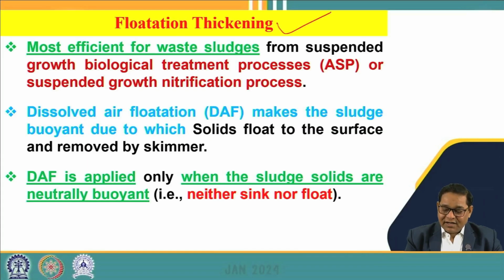Another type of thickening is the flotation technique, which is again based on density separation, because if the sludge mass contains a lot of flocculent mass which can float to the surface, with a density less than 1, mostly generated from suspended growth processes like the activated sludge process and suspended growth nitrification process, this type of sludge is handled efficiently. In this technique, we diffuse a lot of air into the sludge mass, so the air is entrapped within the sludge mass and makes the sludge float onto the surface, and from the surface skimming mechanisms separate out the sludge concentrate from the rest of the water.